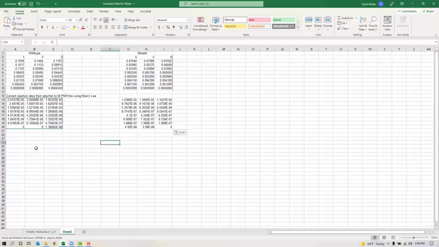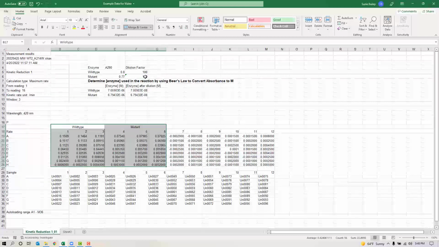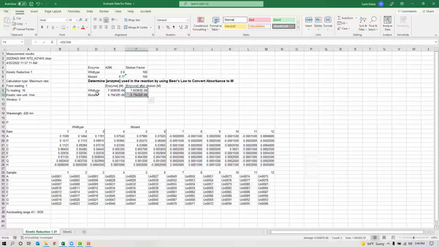But we're not quite done and not quite ready to average these values yet, because what we need to do now is divide by the concentration of Bagel B enzyme that we added to this reaction, right? So those concentrations that we determined on the prior sheet, the diluted concentrations, those are what we're going to need to divide by.